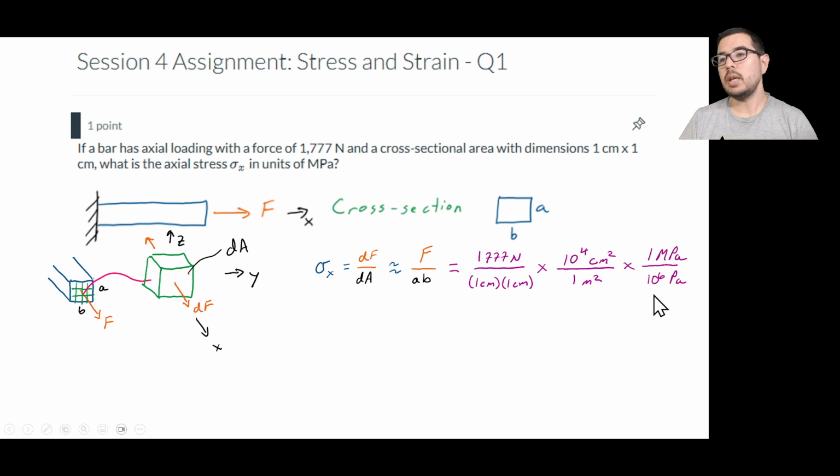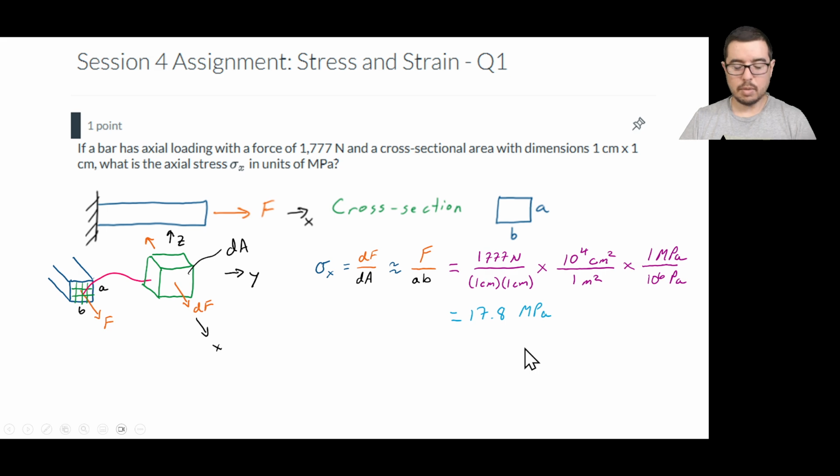And then we are able to say that 1 megapascal is 1,000,000 pascals. And what we then see further is that this essentially just becomes 10 to the minus 2 times 1777, right? And the units will change. But when we do this out, we get 17.8 megapascals.